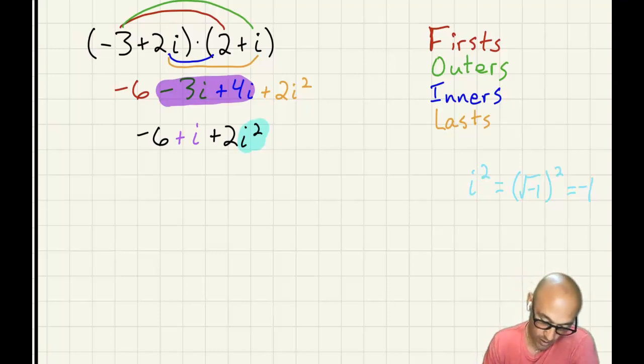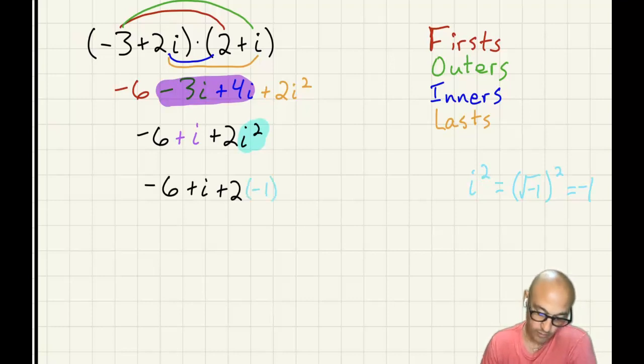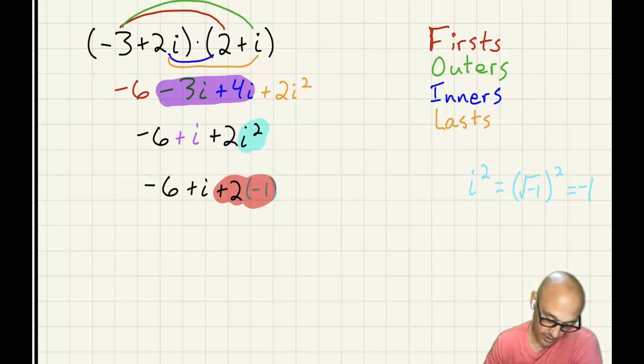So on our next step, we're going to have -6 plus i plus 2, and then times -1. On my next step, I'm going to multiply the positive 2 times -1. And I'm going to get -6 plus i, and then it's going to be -2.